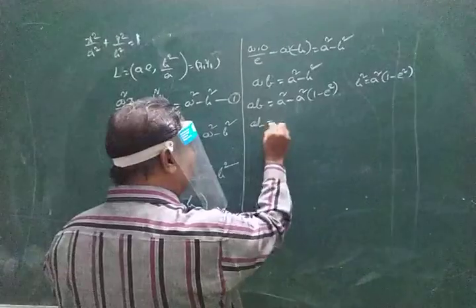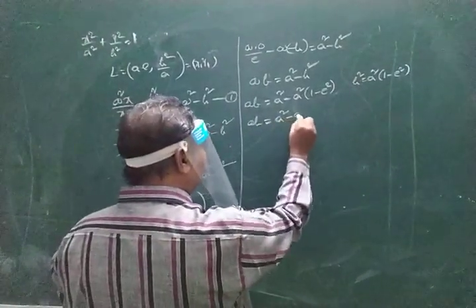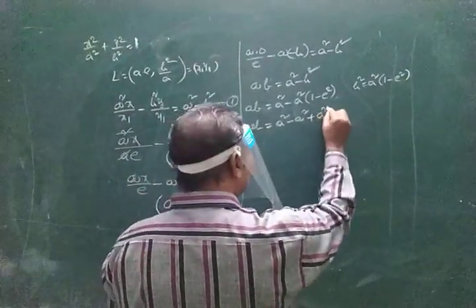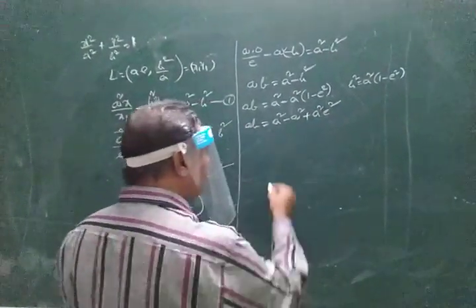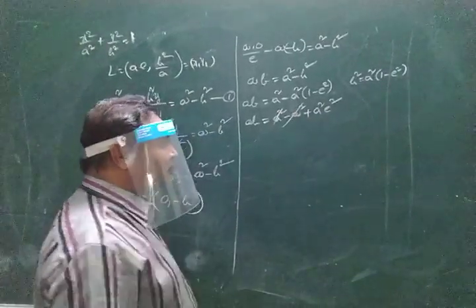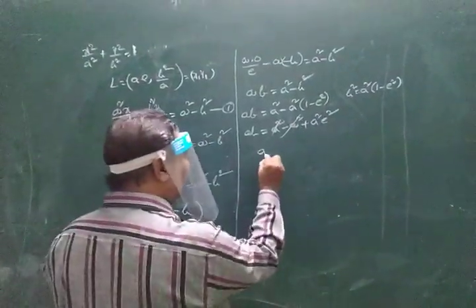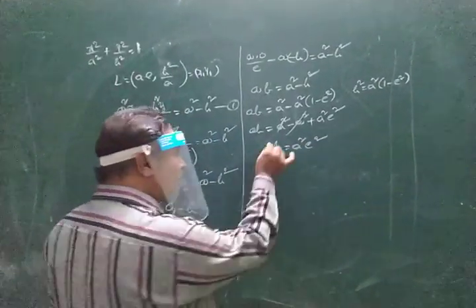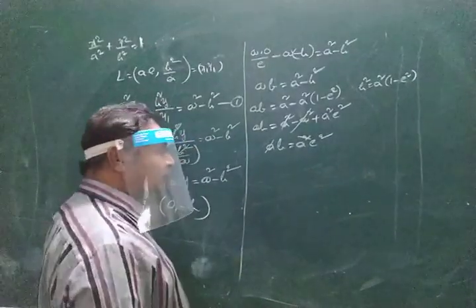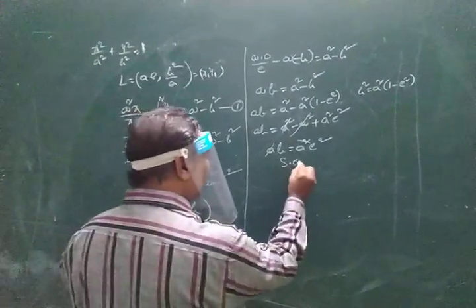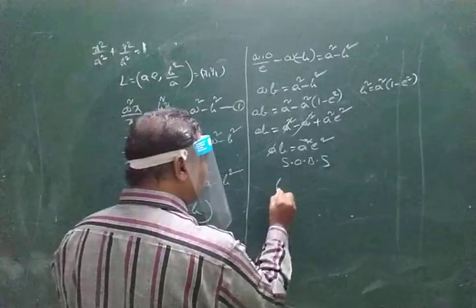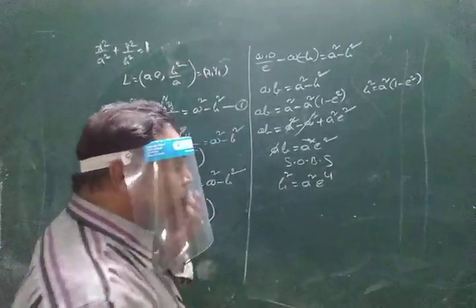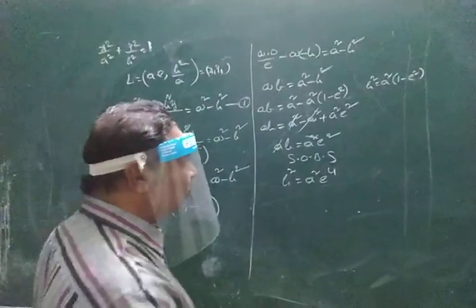So ab equal to a square minus a square plus a square e square, so ab equal to a square e square. a cancels. Squaring on both sides, b square equal to a square into e power 4.